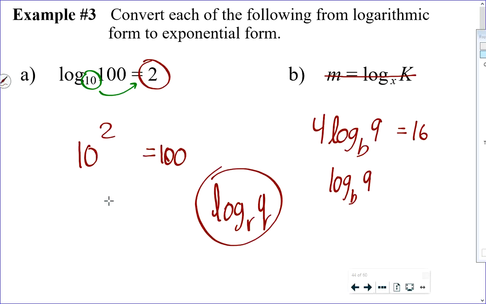We would not say 4 log b 9. The proper way to say it is the base b logarithm of 9 or log base b of 9. There's a third way to say it, but I don't like it, so I won't say it to you. And now we can go: b raised to the 4 is equal to 9.